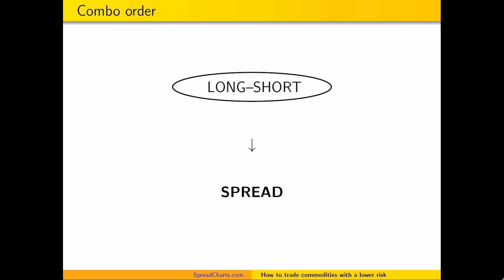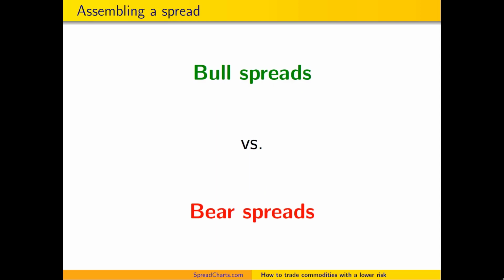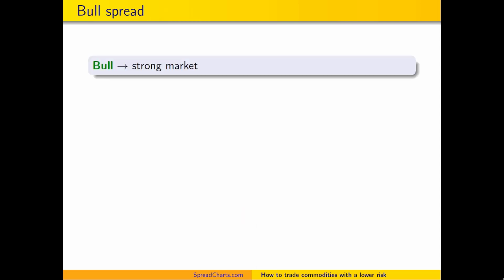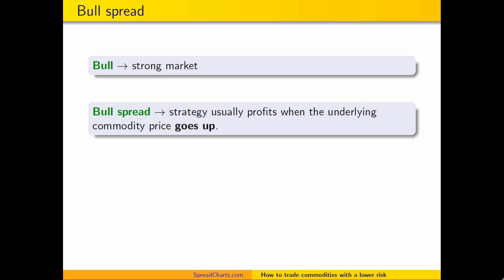And we are finally getting to assembling a spread. We briefly mentioned it theoretically before, but we haven't yet explained it in practical terms. There are two distinct interdelivery spread strategies: bull spread and bear spread. Let's start with bull spread. When something is bullish, it is strong, like a bull. When some market is in a strong uptrend, we tend to call it a bull market.